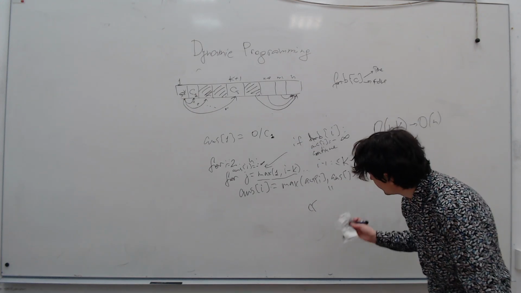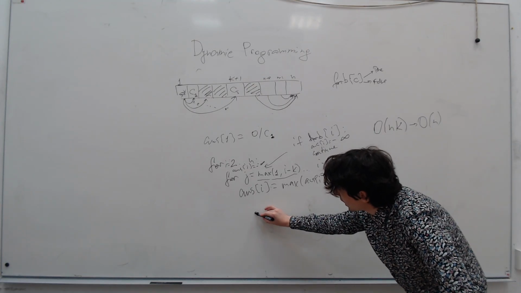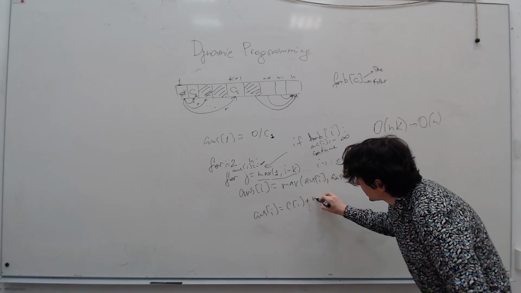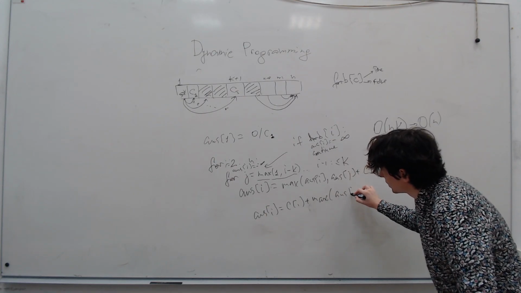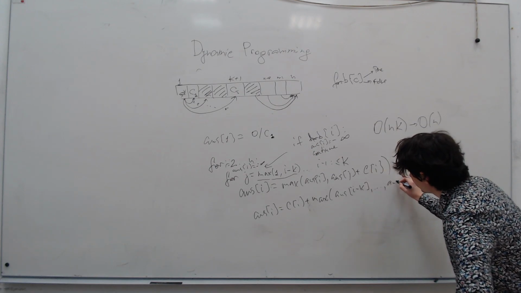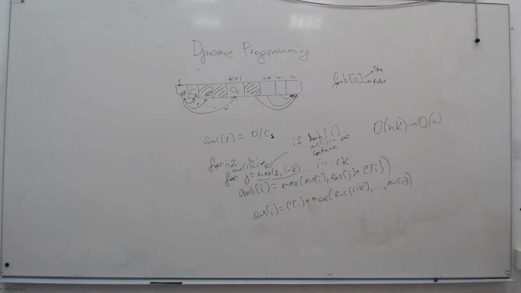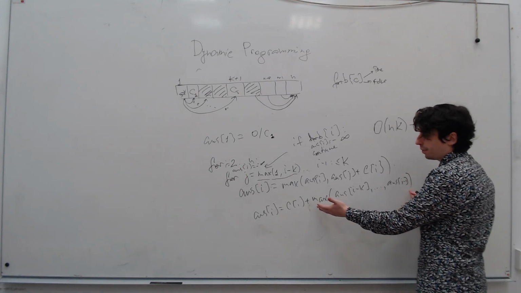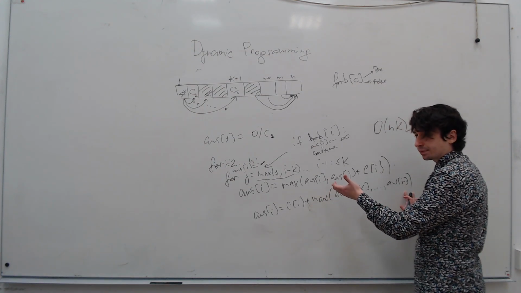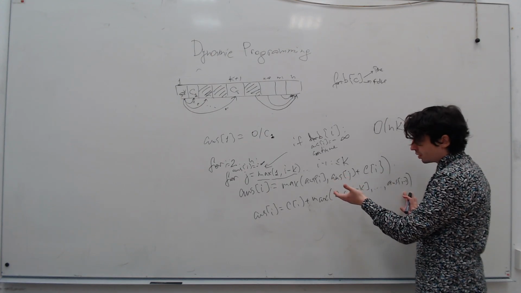If you calculate this more properly, the answer for i is equal to Ci plus the maximum of ans i minus k up to ans i minus 1. And you can see that at each step it is almost like calculating the maximum from the queue.